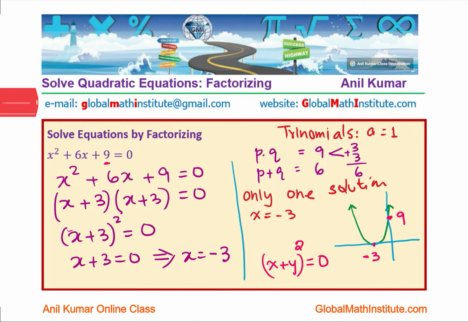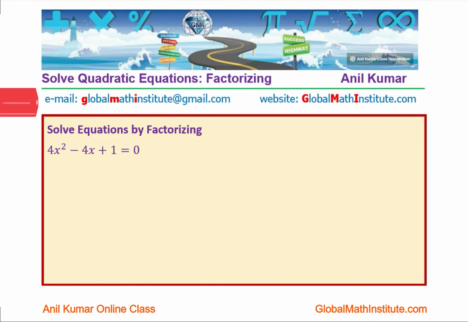Let's move on and take the next. So here we have 4x squared minus 4x plus 1. So this is also a trinomial, but with a difference. Here the value of a is not equal to 1, right? So the question is 4x squared minus 4x plus 1 equals 0.